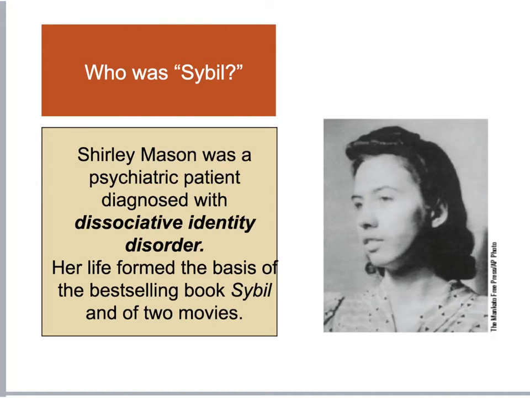All right, so this person is somebody from the past named Sybil. Shirley Mason was a psychiatric patient diagnosed with dissociative identity disorder. Her life formed the basis of the best-selling book Sybil and of two movies, but you might know a more recent movie called Split, in which you saw a similar phenomenon with dissociative identity disorder.